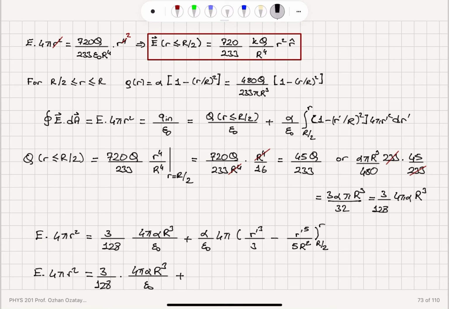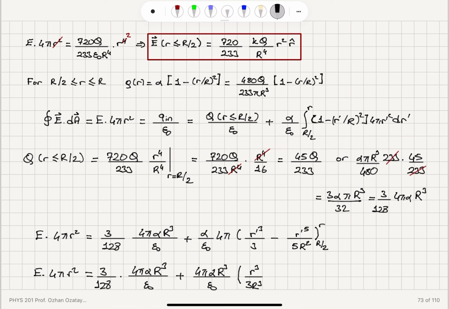Then we have, if I multiply top and bottom with capital R cube, this will be 4 pi alpha capital R cube over epsilon 0. Here I have R cube divided by 3 capital R cube because I have multiplied top and bottom with R cube. And then evaluate that at capital R over 2.